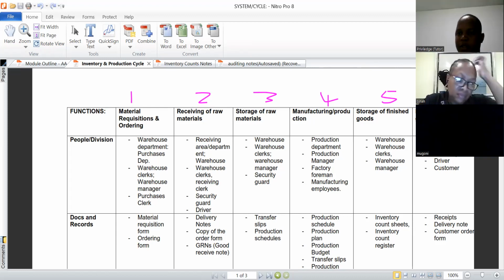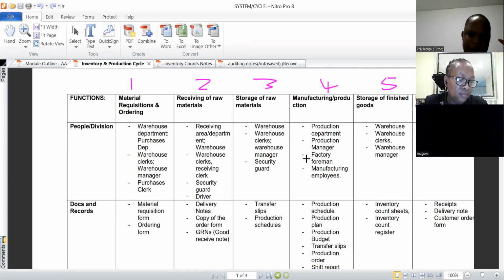So under storage of raw materials, you observe the warehouse department again, with a warehouse manager, warehouse clerks, and possibly security personnel present at the access point to the warehouse section.